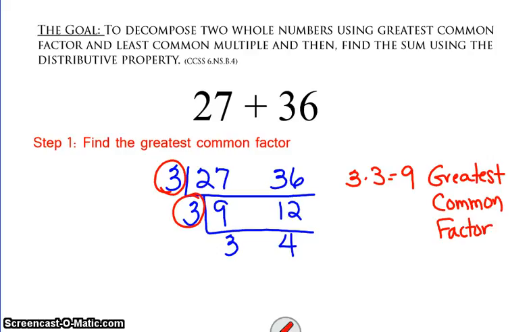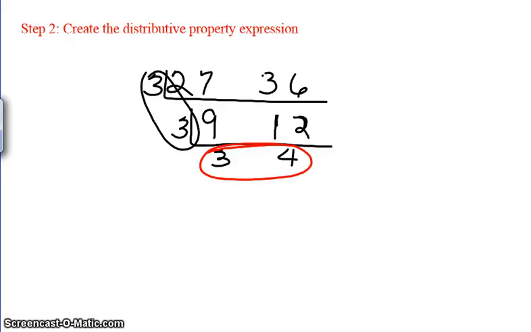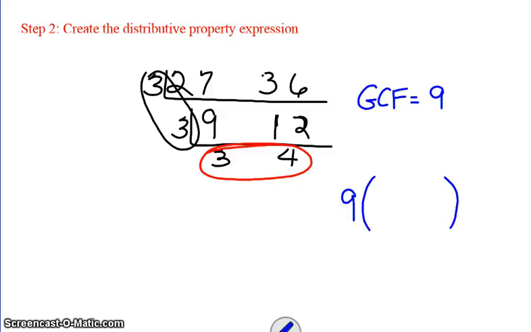We now have what we need to create the distributive property. We figured out that the greatest common factor was 9. We're now going to take the 9 and put it outside our parentheses for the distributive property.